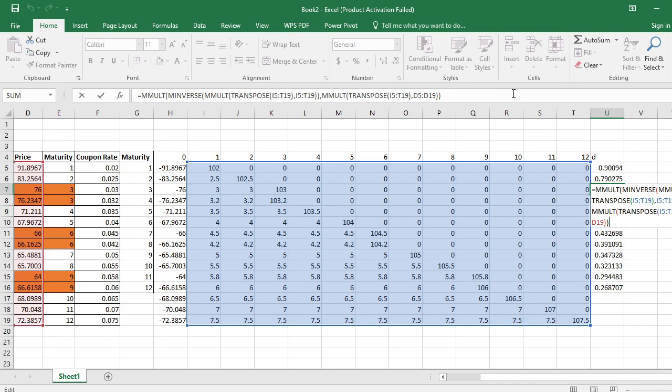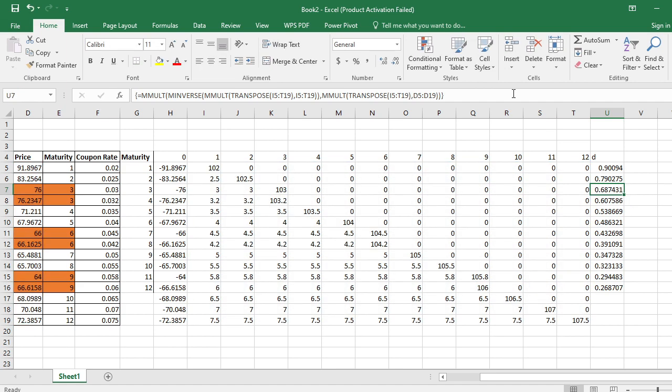Okay, is it okay? So these are the discount factors. Once I got the discount factors, the next thing I need to find is the yield. Now how I'm going to find the yield is by taking the log.